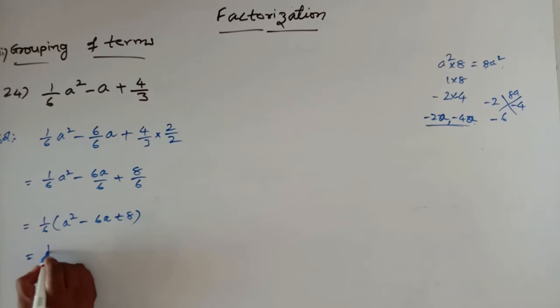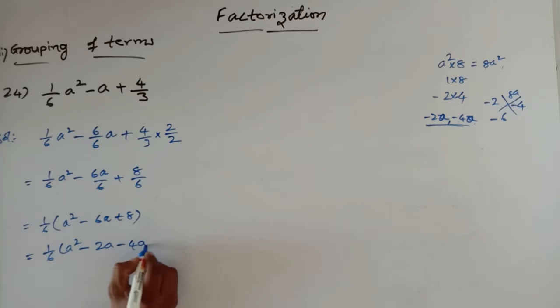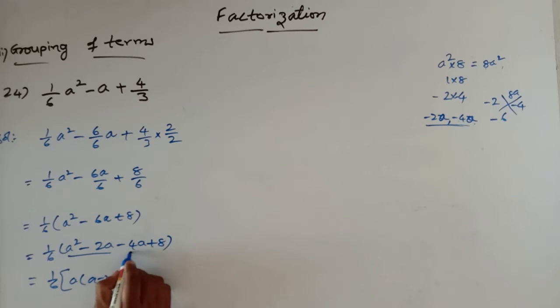Now that equal to 1 by 6 into a square minus 2a minus 4a plus 8. That equal to 1 by 6 into, in this what is common? A is common, a minus 2. In this minus 4 is common, a minus 2, because minus into plus.